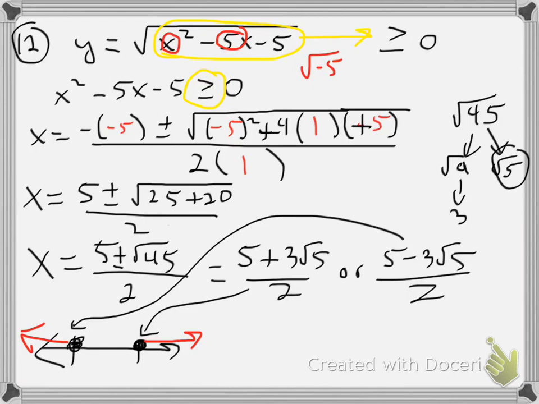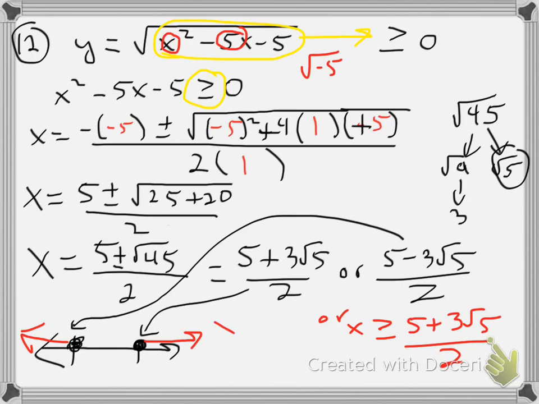So if I write this, it didn't say what kind of notation I had to use, so I'm going to say x is greater than or equal to 5 plus 3 root 5, all divided by 2. Some people put 5 over 2 plus 3 root 5 over 2.